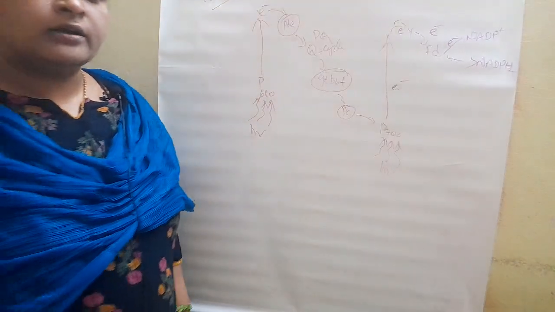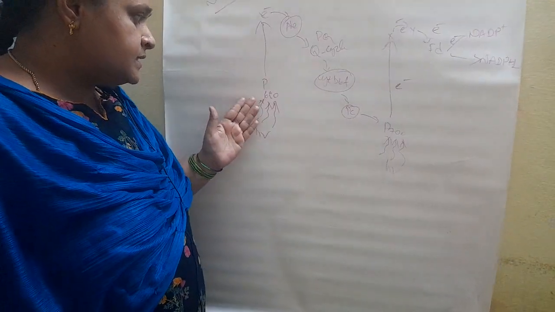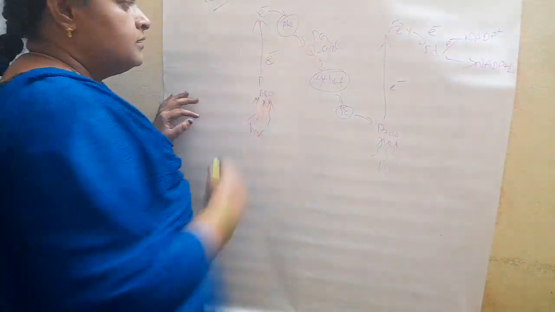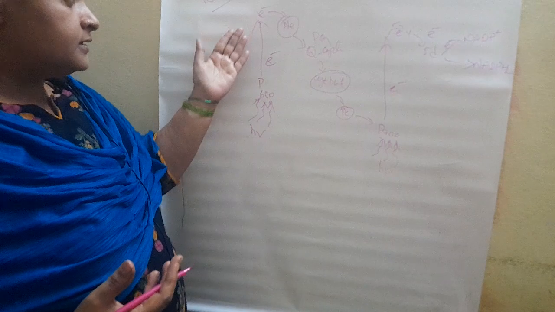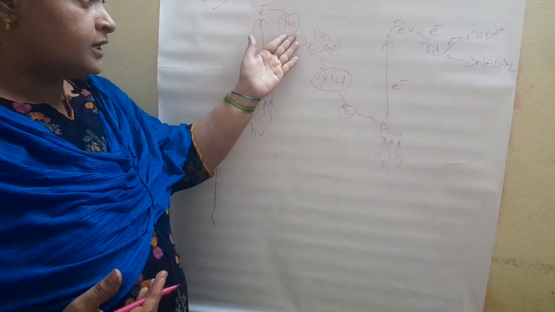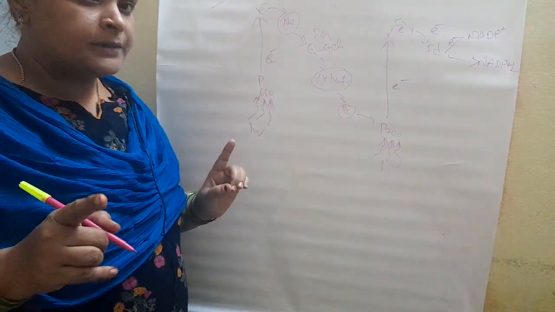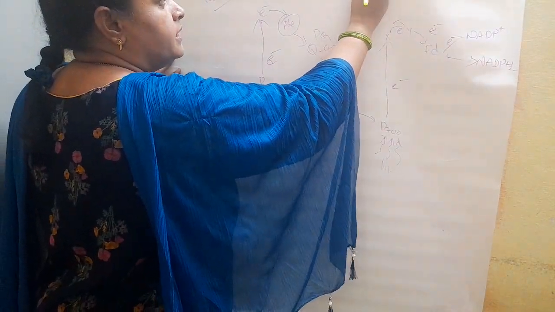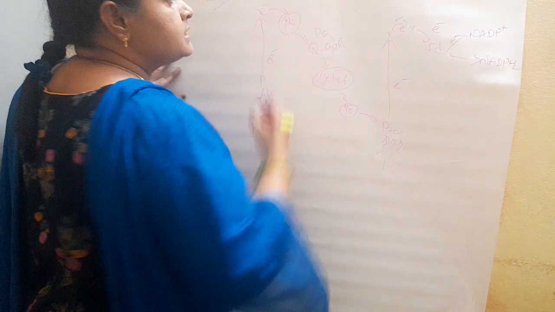In non-cyclic electron transport, first P680 absorbs light and gets excited, and the excited electron is given to the first electron acceptor, called pheophytin. What is the electron acceptor in PS2?